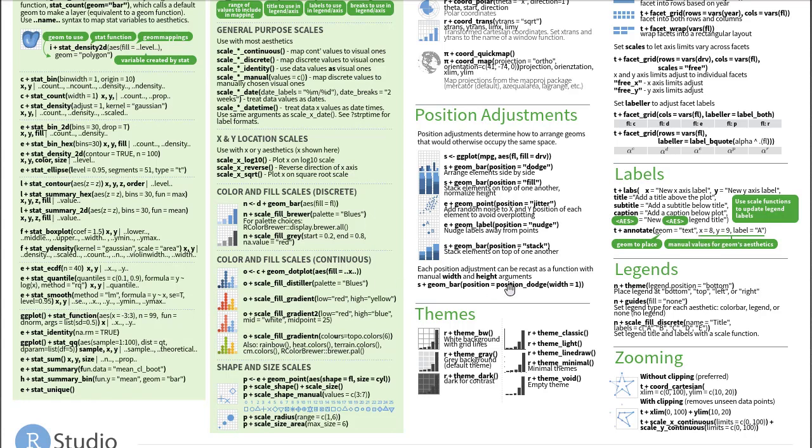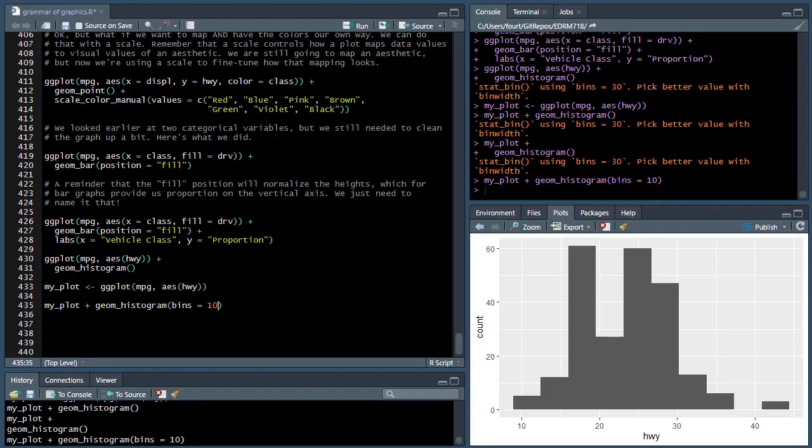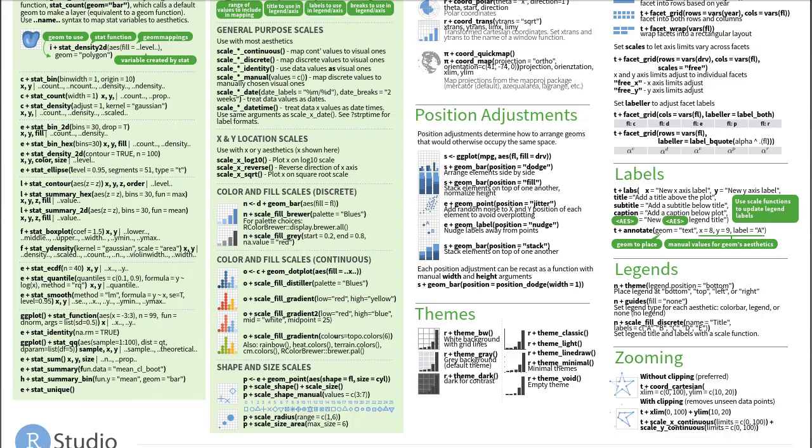Let me try that. So let me do an annotation on that histogram. So let me have a geom histogram, and then let's use, what was the actual command? It was annotate, put geom equals text, and then I put X and Y where I want it to be. I'm not sure what that label's about, so let's try this.